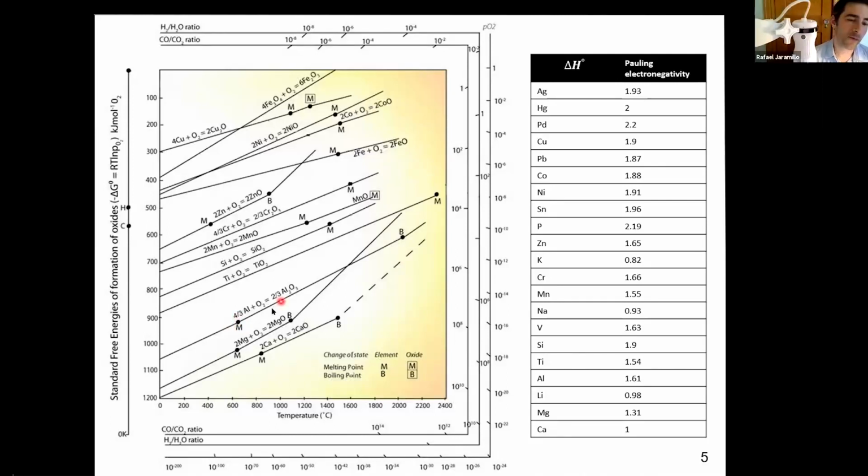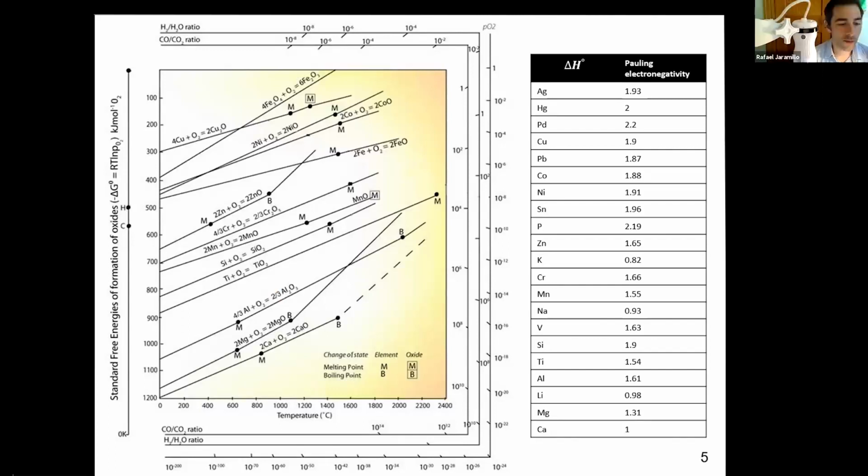You can't really see it, but there is a slope change. Then up here, the aluminum boils, so there's another break in the slope. All right, here manganese melts. Here zinc melts and zinc boils, and so forth and so on.